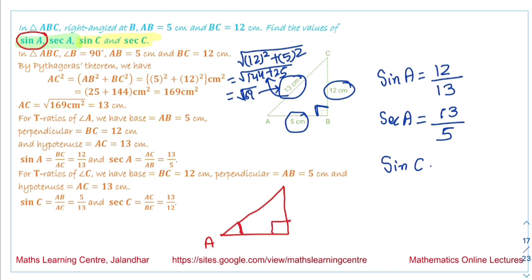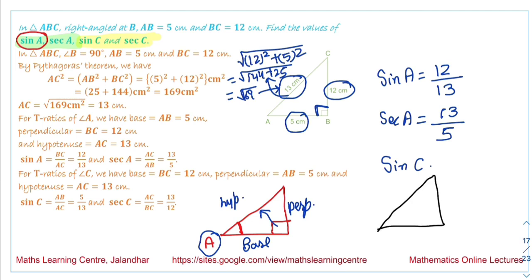This angle is 90 degree. The side opposite to this 90 degree angle is the hypotenuse. We are talking about the trigonometric ratio corresponding to this A, so this is the base and this is the perpendicular.